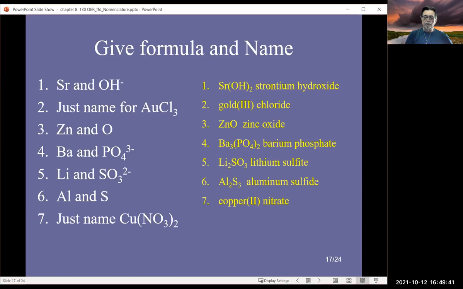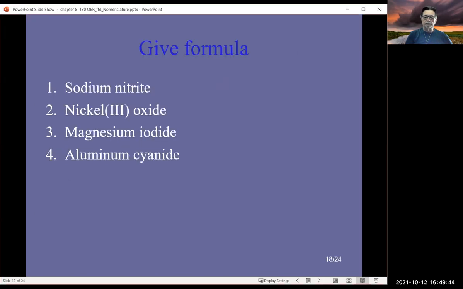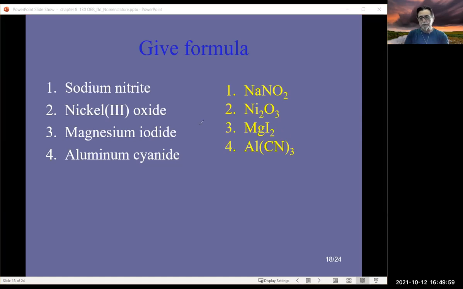All right, here's another one you might try. We got sodium nitrite. Go to the polyatomic table, and we'll see that it's NO2, and each one's got a -1.